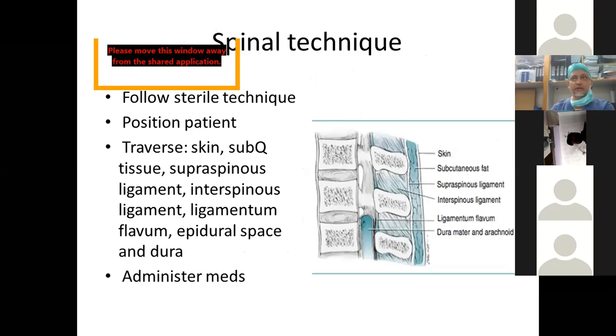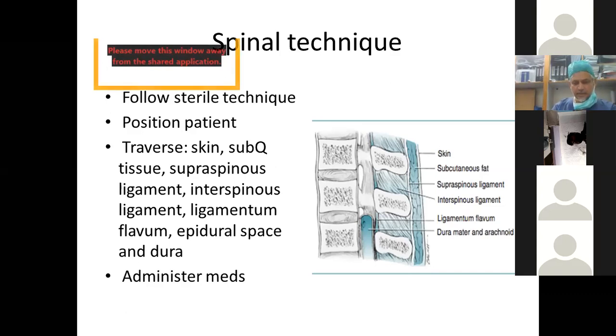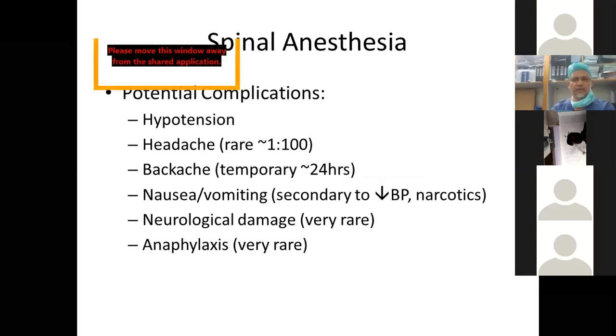For the spinal technique, follow sterile aseptic technique. Position the patient. The needle will pass through the skin, subcutaneous tissue, supraspinous ligament, interspinous ligament, ligamentum flavum, epidural space, and the dura. Then you administer the medication. Potential complications: hypotension, headache, backache, nausea, vomiting because of the low blood pressure, and neuraxial damage, very, very rare. Anaphylaxis, very, very rare.